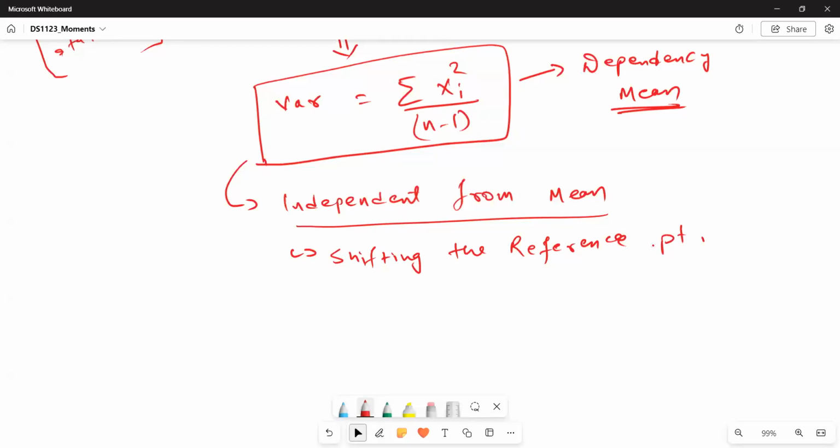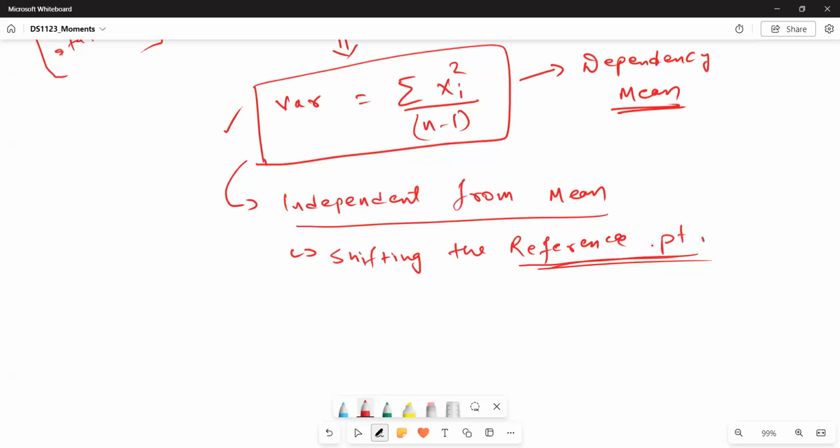As of now, can anyone tell me in the chat section what exactly is the reference point in this formula? All right, so we are getting x, n minus 1, 12, 14, x.